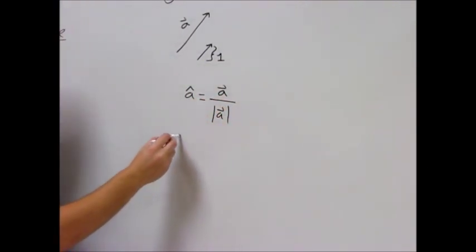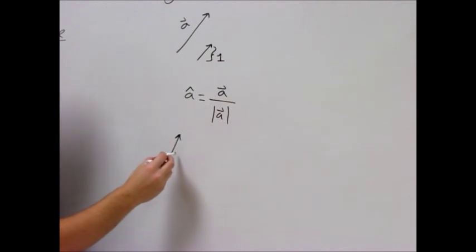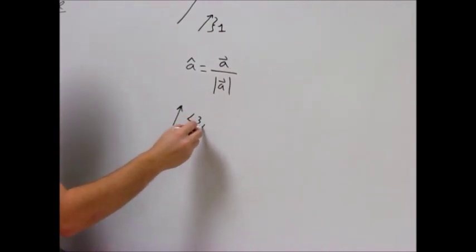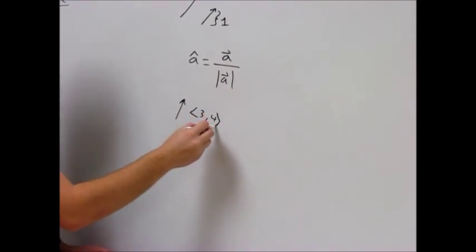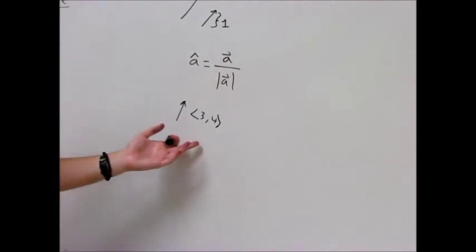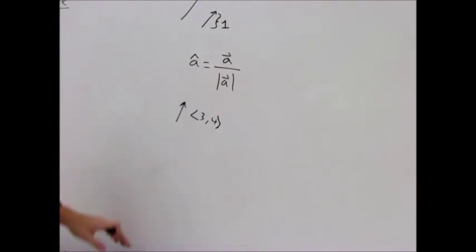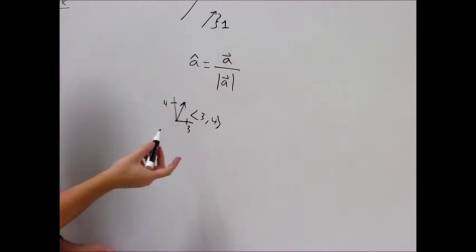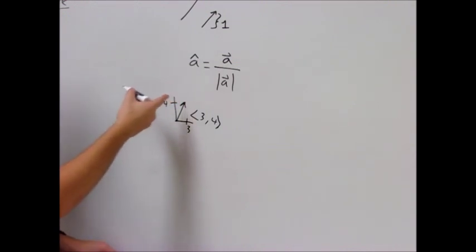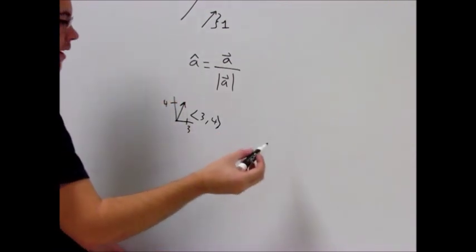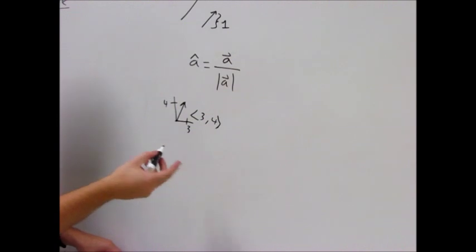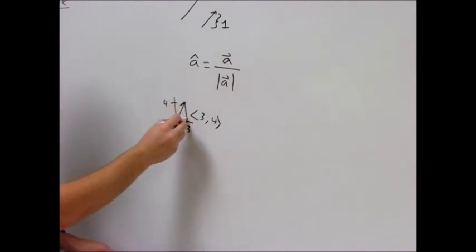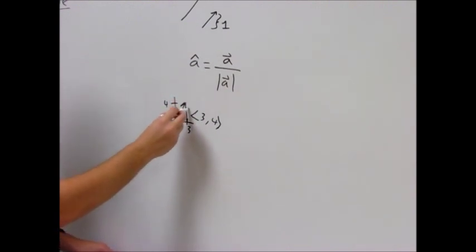As an example, let's see the one that we did previously, the vector 3, 4. So 3, 4 clearly does not have length 1. But we can find a vector in this direction that is a unit vector by finding the length. To find the length of the vector, you just have to think about the Pythagorean theorem. This is 3 and this is 4.